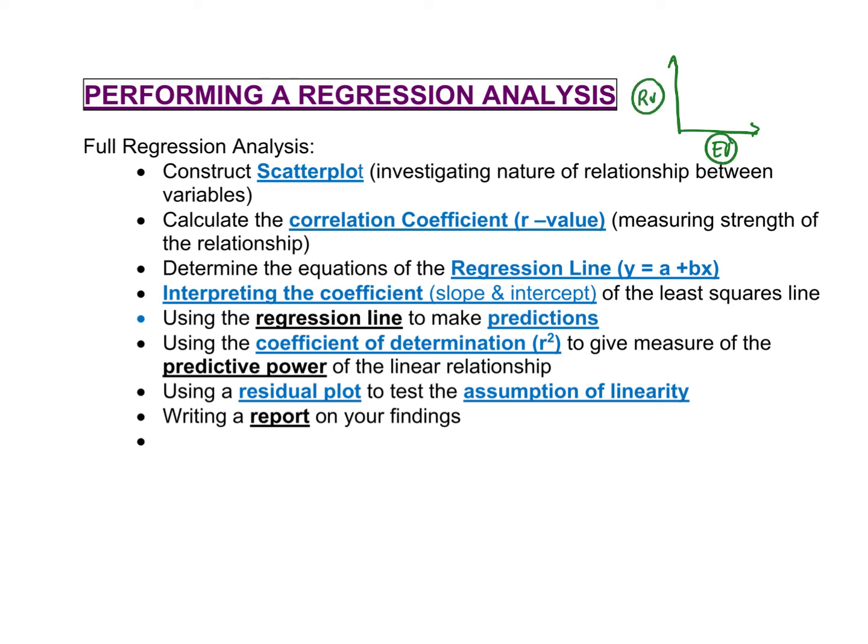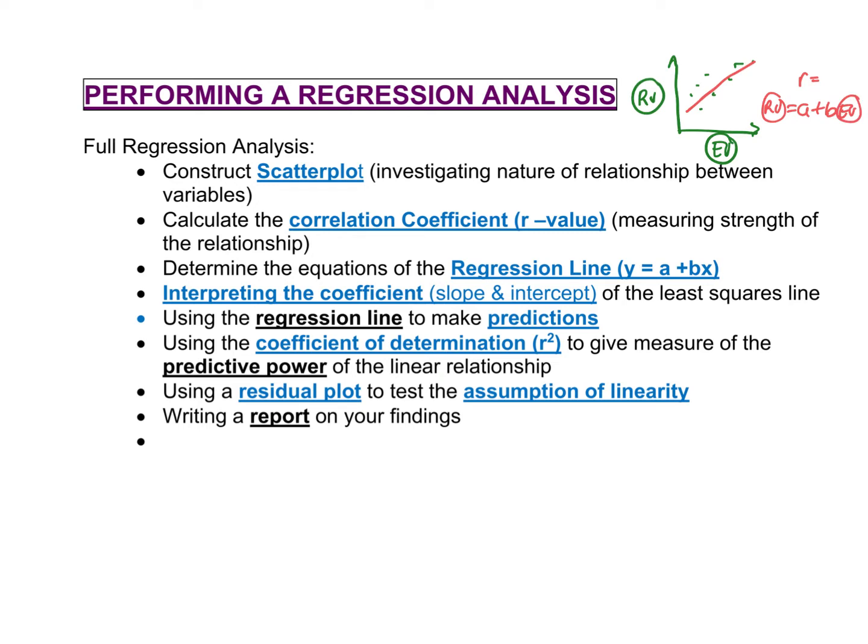We'd construct a scatter plot, so we've done all this. We then comment on the R, the strength, and then we looked at yesterday getting the equation, where we would write out the equation using our variables, and we looked at where we found them on our calculator.